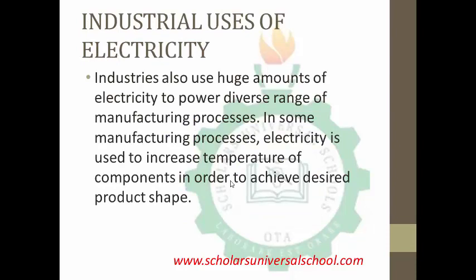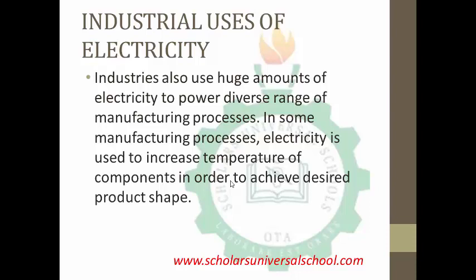And industrial uses of electricity. Industries also use huge amounts of electricity to power a diverse range of manufacturing processes. Most, if not all, of the machines in our industries are powered by electricity, and they are used in the manufacturing processes.